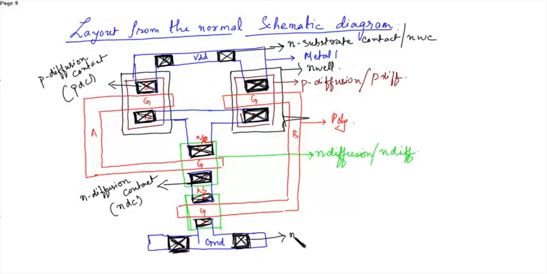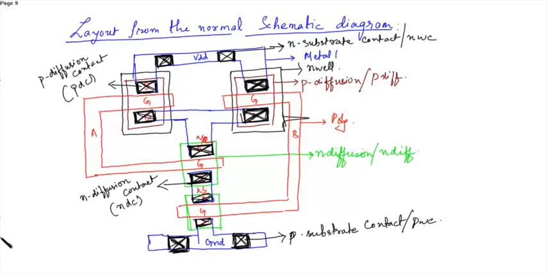This is the P substrate contact, or the PWC. So this is the layout from the normal schematic of a twin port NAND gate.